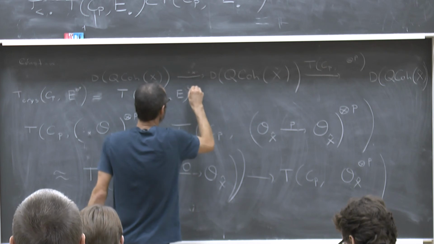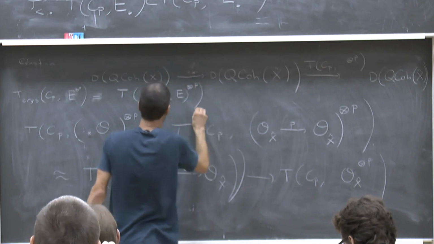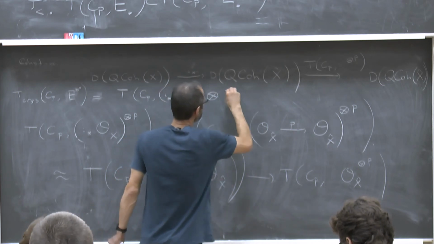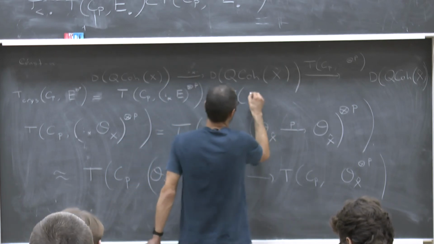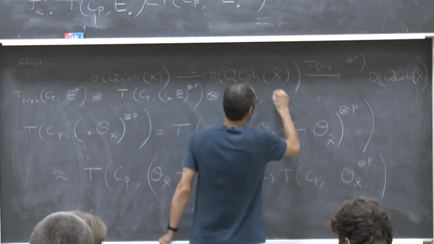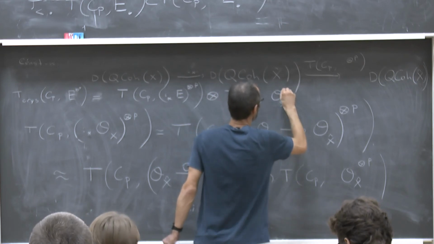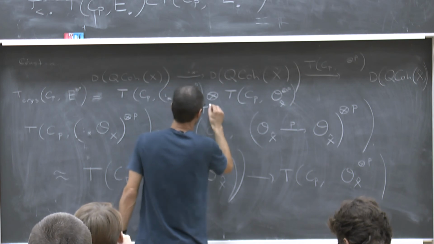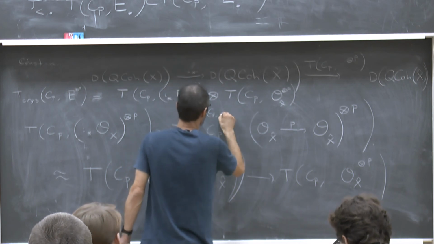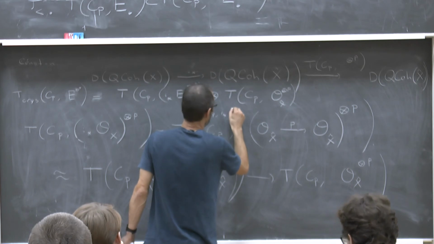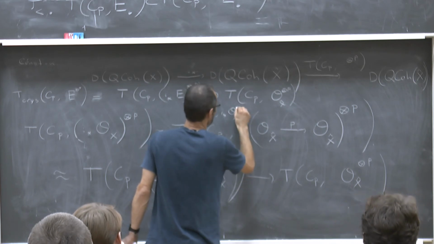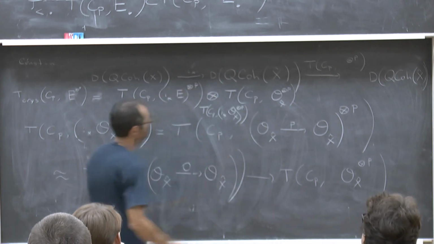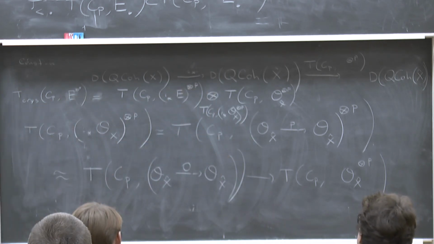I take the P tensor power, then I take the Tate construction, and then I tensor it with T, Cp of X and T tensor power over Cp of I over X, using this manifold.